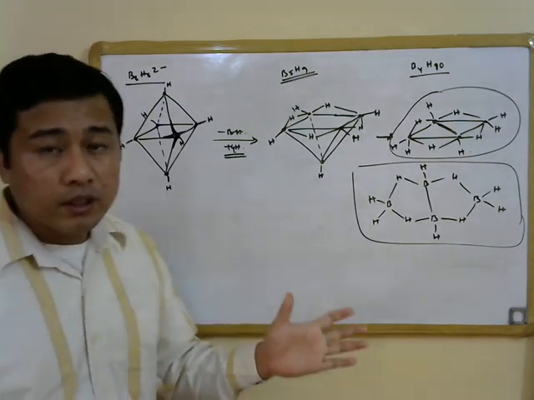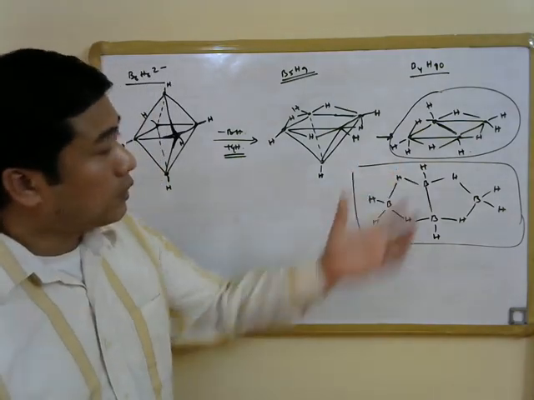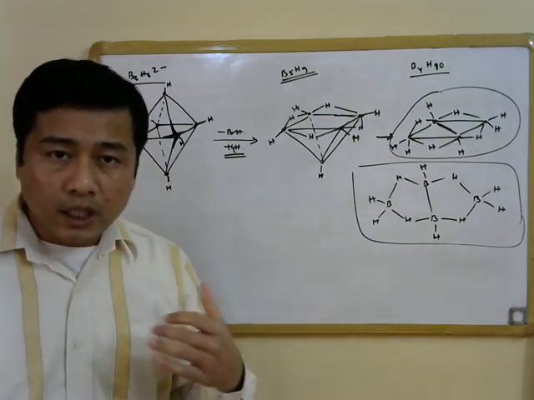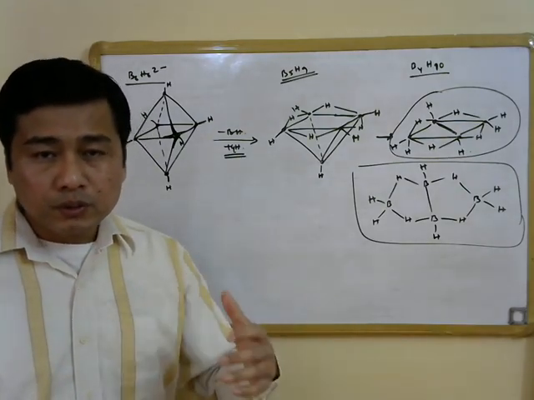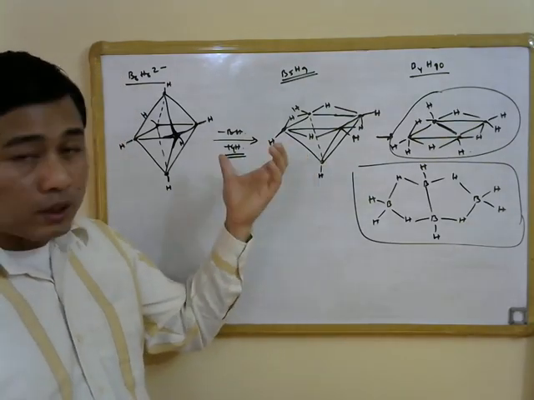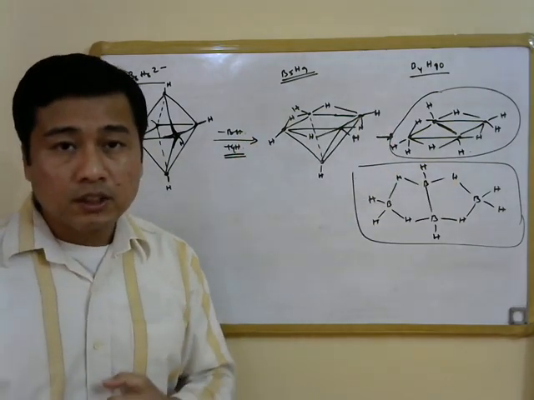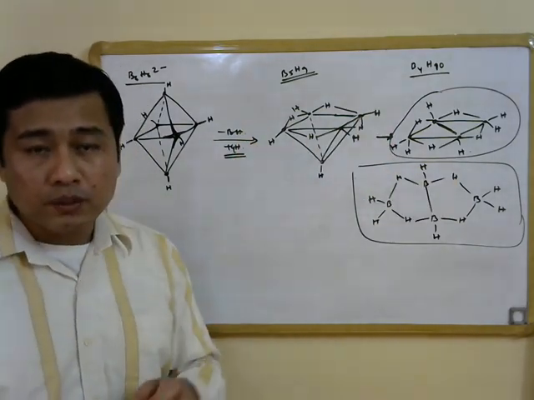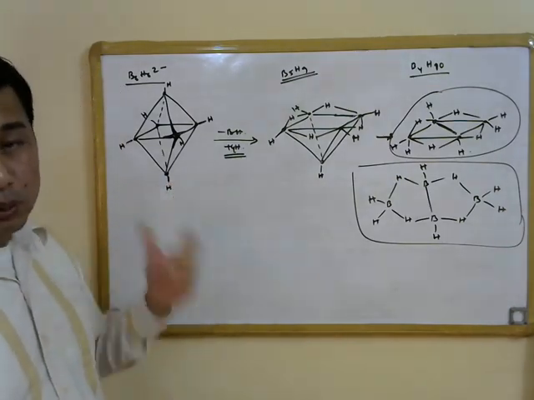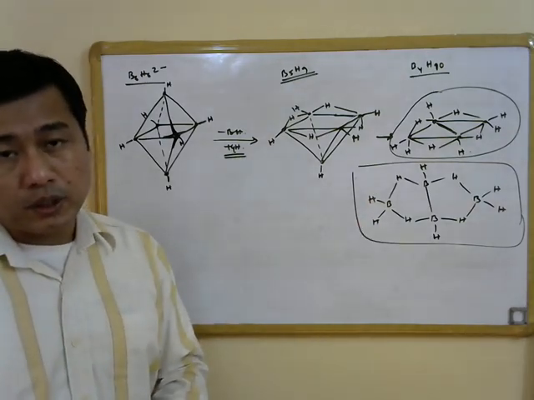Finally we have seen how we can draw the structure of the nidoborane as well as the arachnoborane: we have to start with the parent closoborane and then remove one boron atom from one corner of the polyhedron for nidoborane, while to get the structure of arachnoborane we have to remove 2 boron atoms from 2 corners of the parent polyhedral closoborane structure.